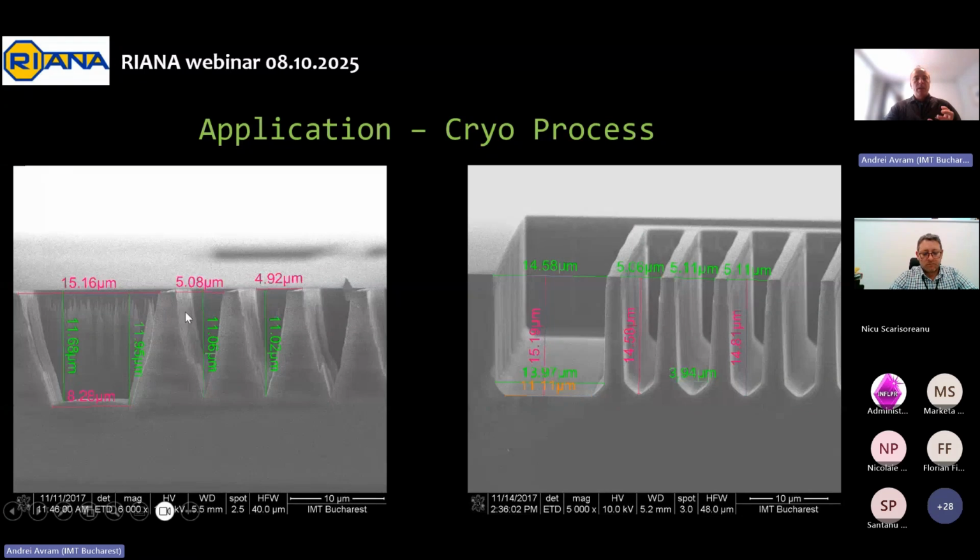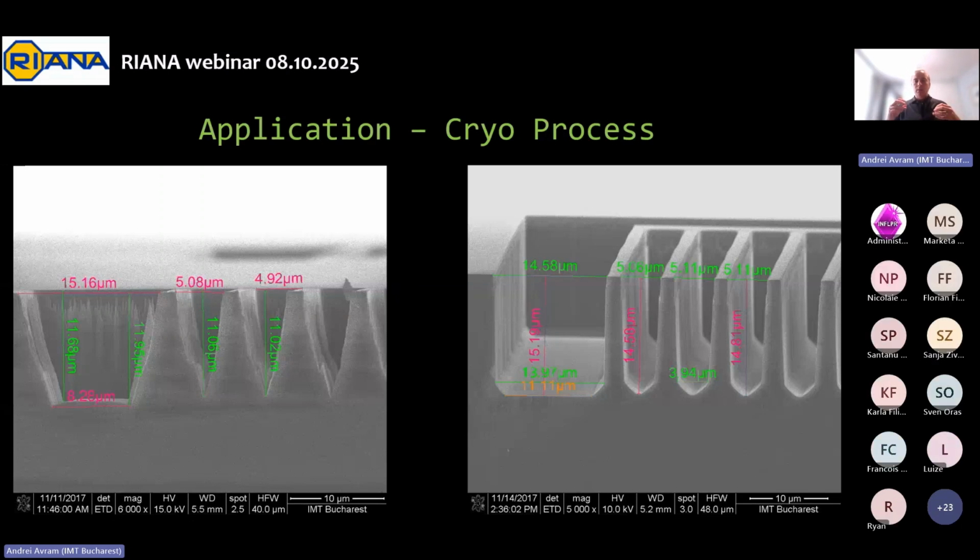So here, as I've talked before, you have oxygen inside your reactor to create this oxyfluorosilicate passivation. And by controlling the temperature and the quantity of oxygen inside your plasma, you can very well control the profile of your etching.